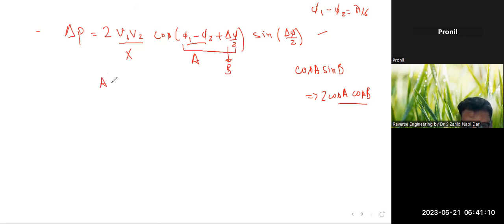This A part is equal to phi 1 minus phi 2, and this B part is equal to delta phi by 2.